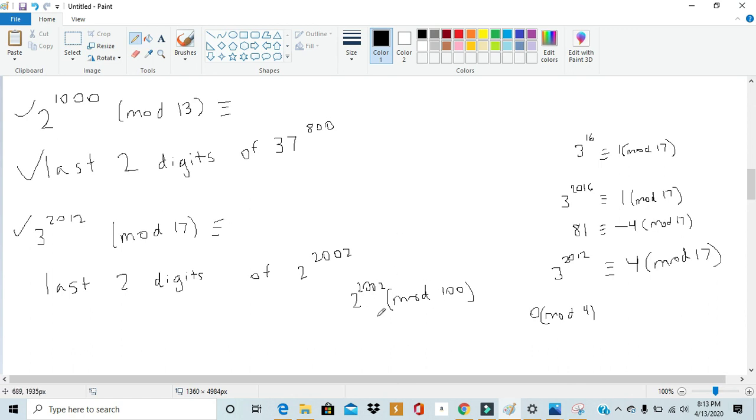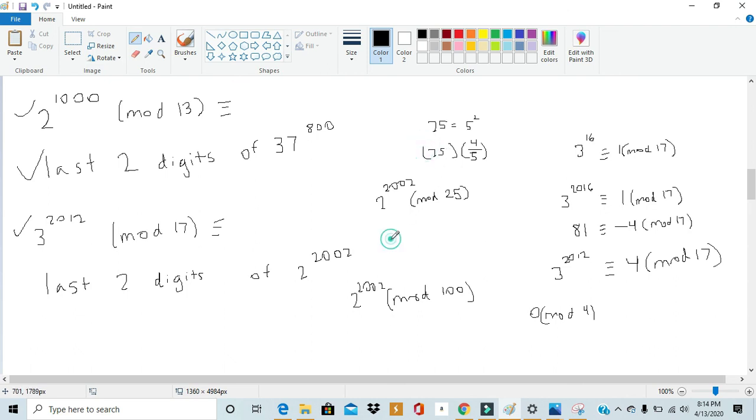But as for 2 to the 2002 mod 25, well, we're going to have to use Euler's Totient theorem there. So if we find the totient of 25, we need to find the prime factorization. So 25 is equal to 5 squared. So it just comes down to 4/5 times 25, which gives us 20.